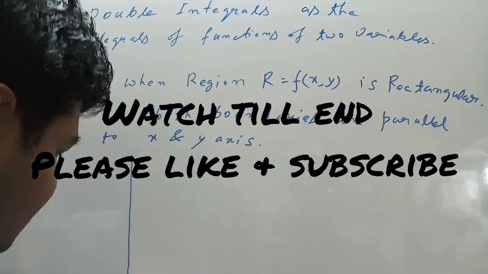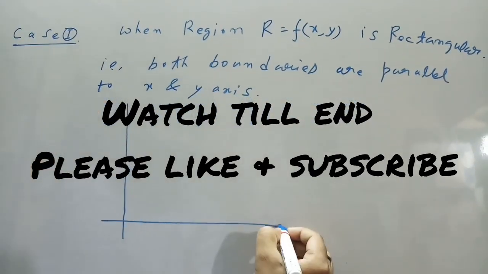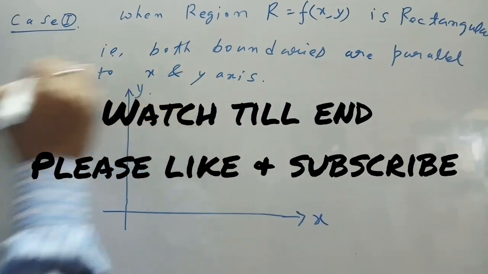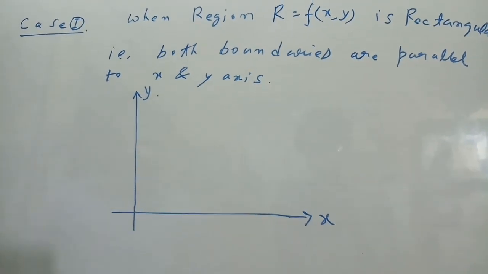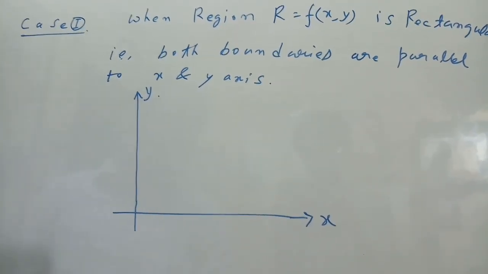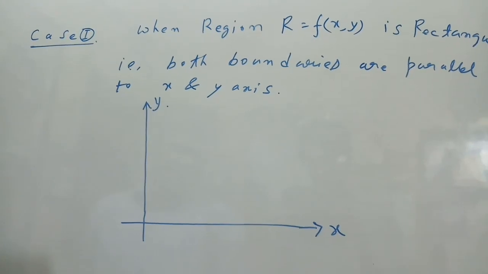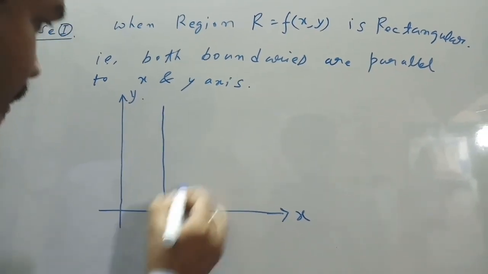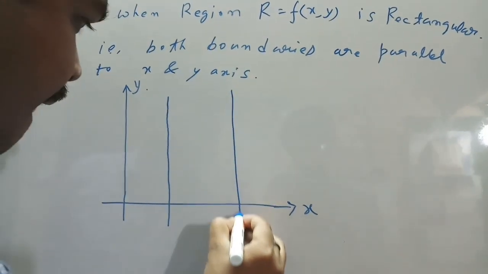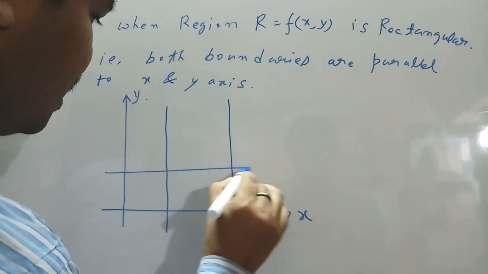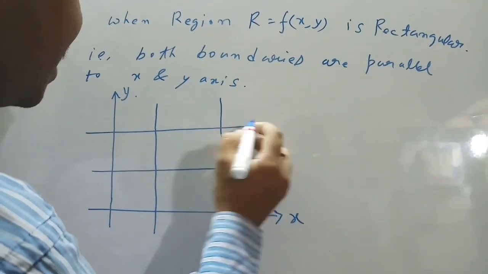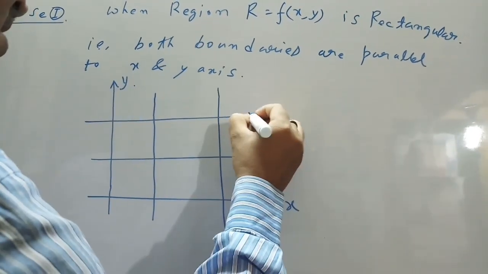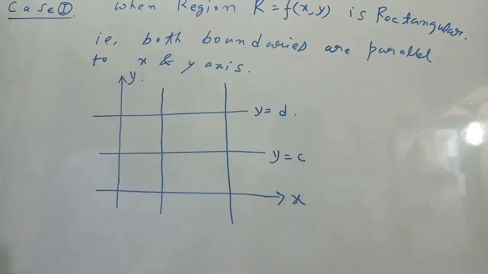This is your y axis and this is your x axis, and all boundaries are parallel to the x and y axis. These two boundaries are parallel to the x axis: y equal to c and y equal to d.